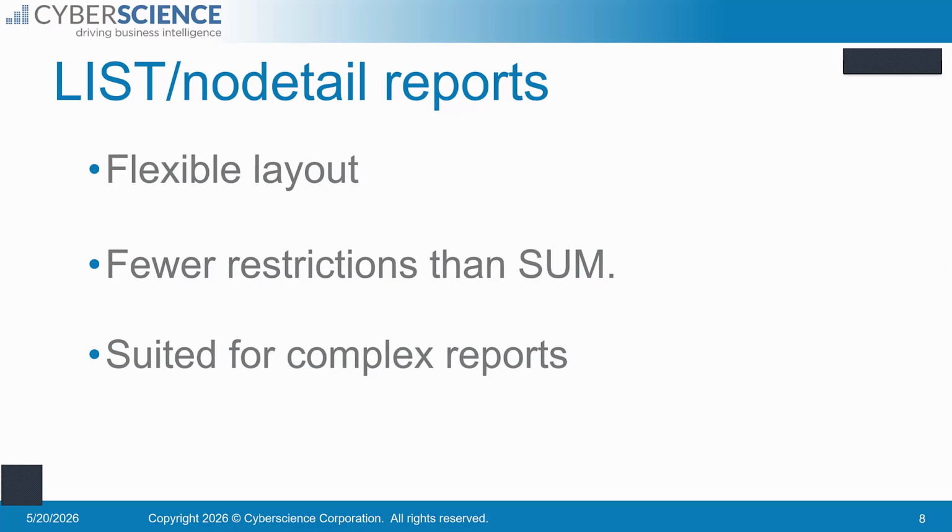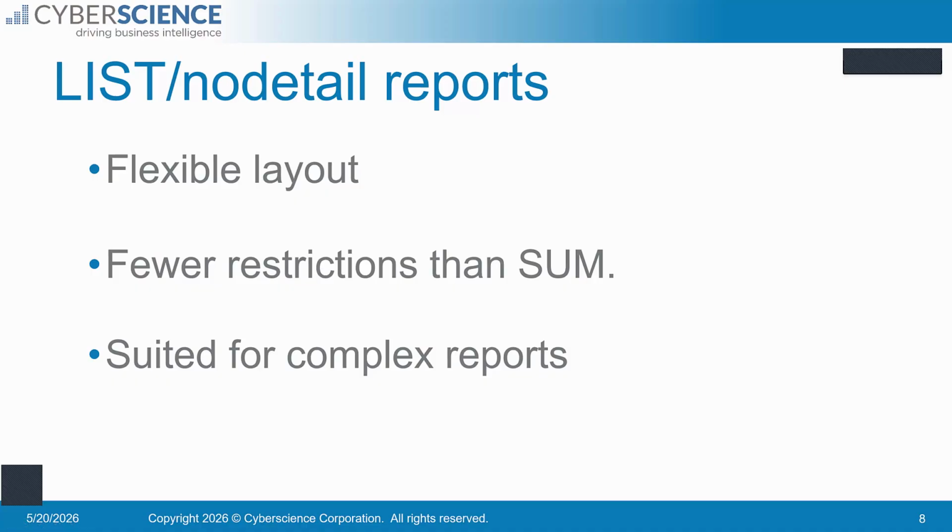We can then summarize it, again by customer number, customer name and site. So these list no detail reports let you hide the detail and then just show the summarized value at the invoice level, at the customer level, etc. The nice thing about these list no detail reports is they have fewer restrictions that you might run into in a sum report.